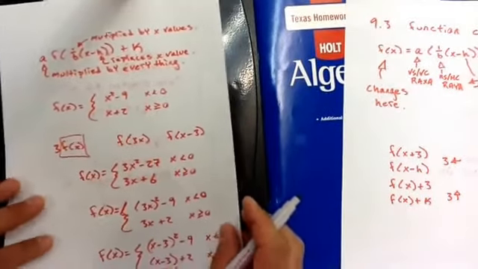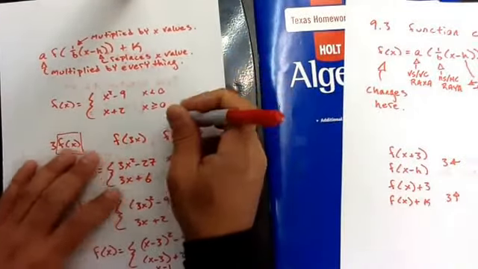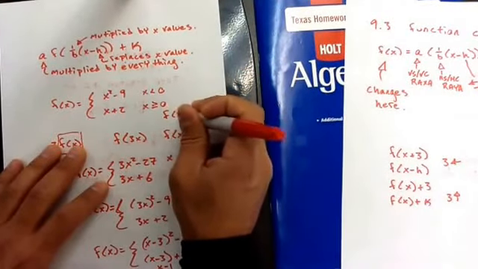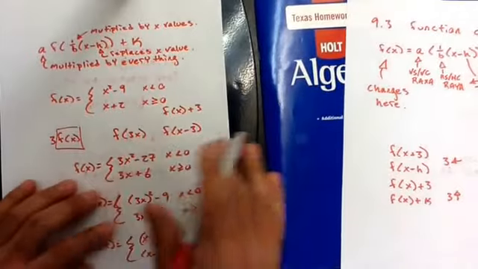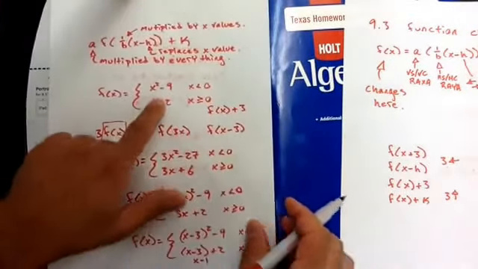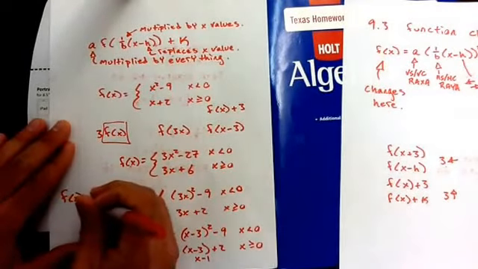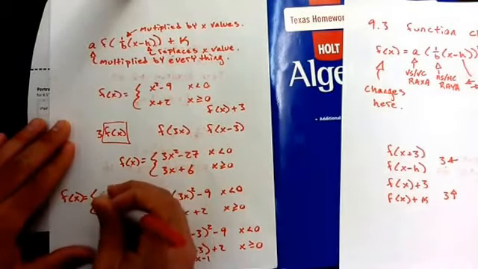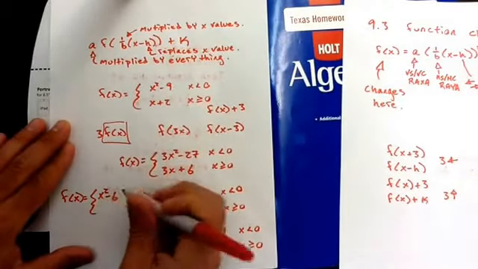Okay? Now the k is just being added at the end. So if they gave me something like, that means that I'm just adding 3 to whatever's at the end. So on this one right here, it's going to be x squared minus 9 plus 3 is minus 6.